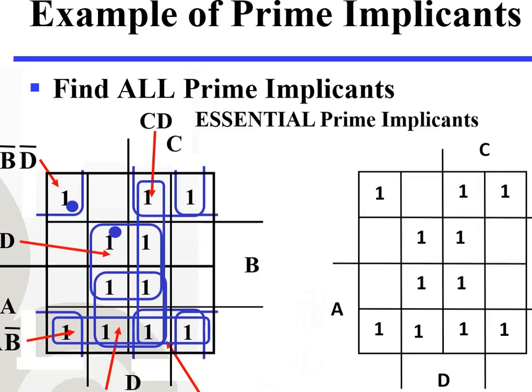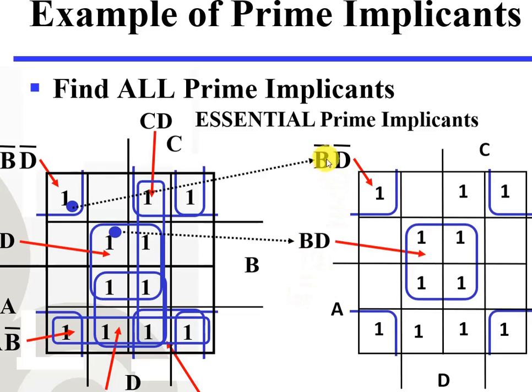According to the definition, we have a one here that cannot be grouped with any other possible prime implicant grouping. So this one is left alone. Also the second essential prime implicant is BD, because one of the minterms cannot be covered or combined with others at the maximum. So BD, then not B not D are those essential prime implicants.